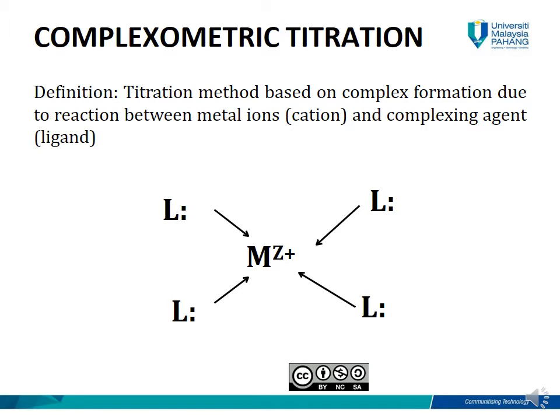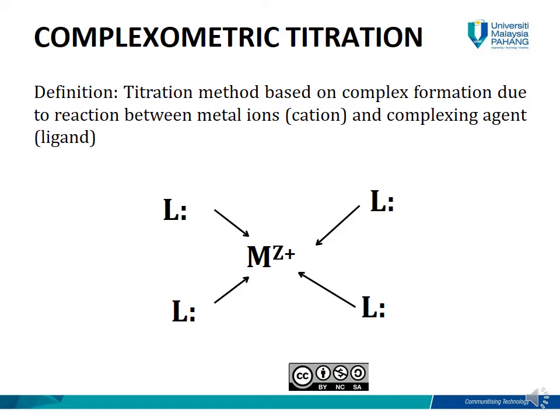So what you can define from the complexometric titration is a titration method that is based on complex formation due to reaction between metal ions, which are cations, and a complexing agent. Here is what we call a ligand.